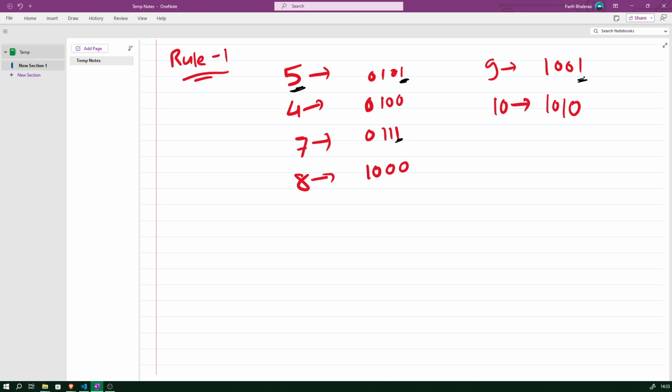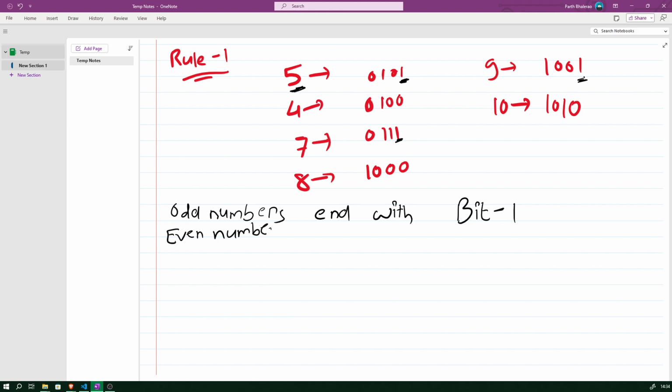And if the number is even, then it ends with 0. Perfect. Odd numbers end with bit 1, even numbers end with bit 0.